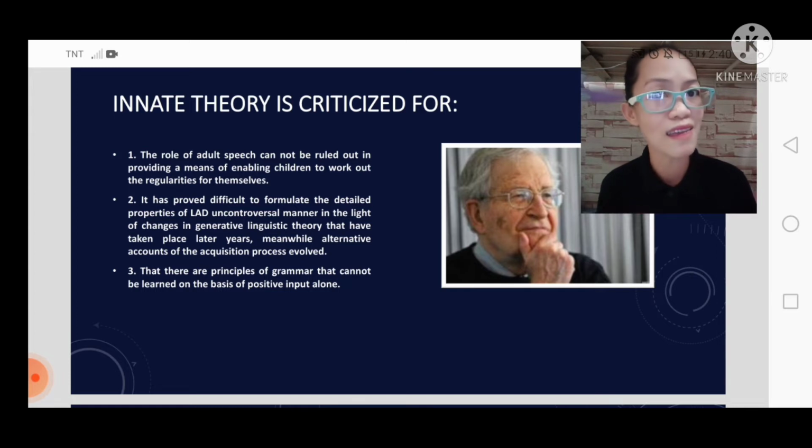Meanwhile, alternative accounts of the acquisition process evolved. Third, there are principles of grammar that cannot be learned on the basis of positive input alone. That is how the critics criticize the theory of innateness by Noam Chomsky.